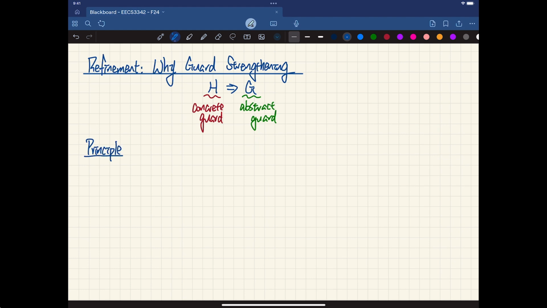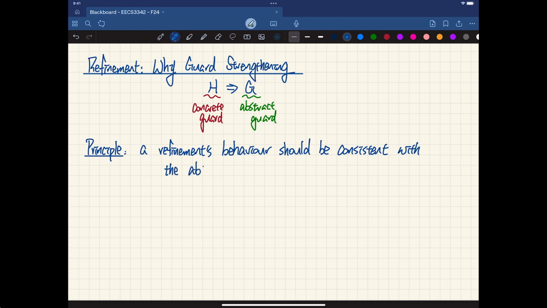The principle over here would be, whenever we talk about a refinement, its behavior should be consistent with the abstract model's behavior.